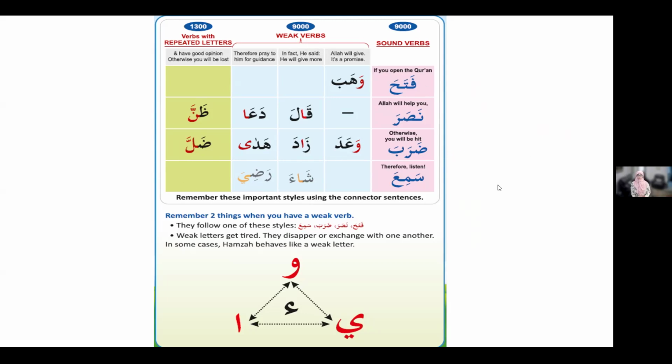And we also learned that to understand all these weak verbs, there are two things you should remember: they will always follow the fataha, nasara, daraba, and sami'a pattern, and they can disappear or they can get exchanged with one another. The hamza, wow, ya, they can get exchanged with one another.